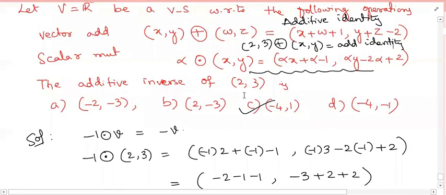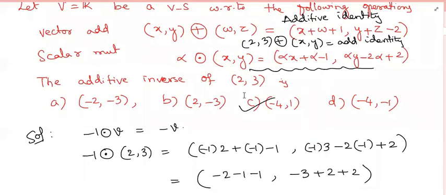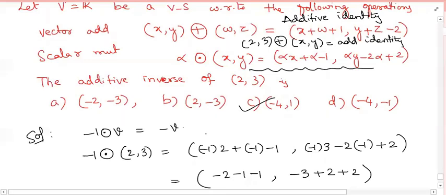No. Okay. So what is additive inverse? Additive inverse means -V we have to find. We know that in a vector space we have a property: -V is equal to -1 into V. If you multiply the scalar -1 with a vector, you will get -V.